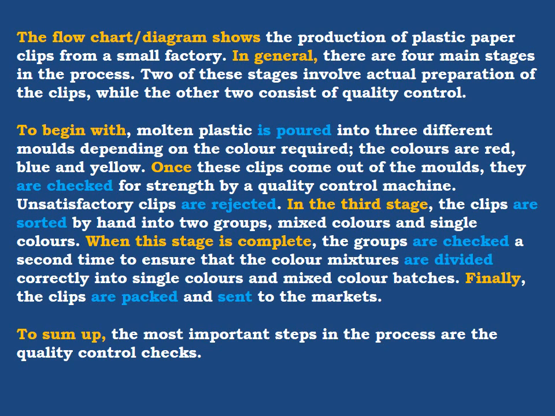So when this stage is complete, the groups are checked a second time to ensure that the color mixtures are divided correctly into single colors and mixed colors. This is the next one.